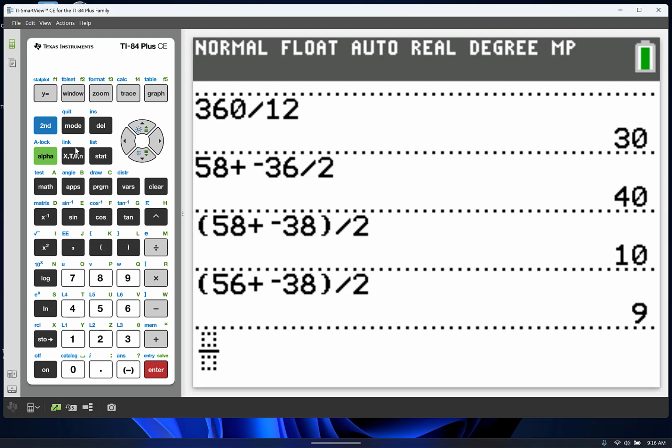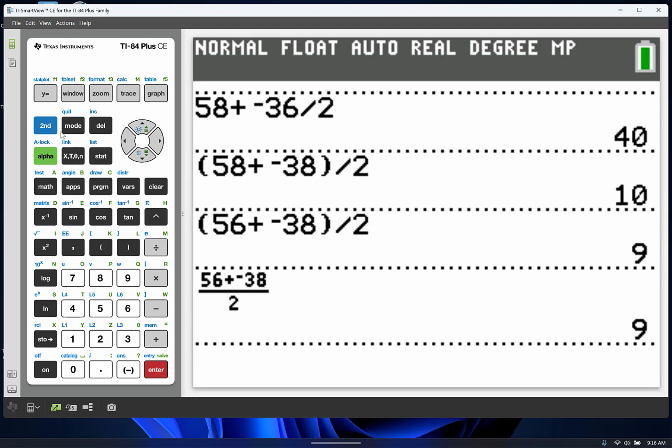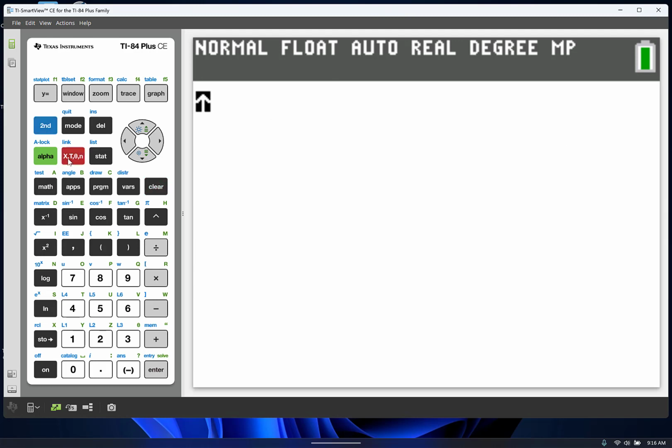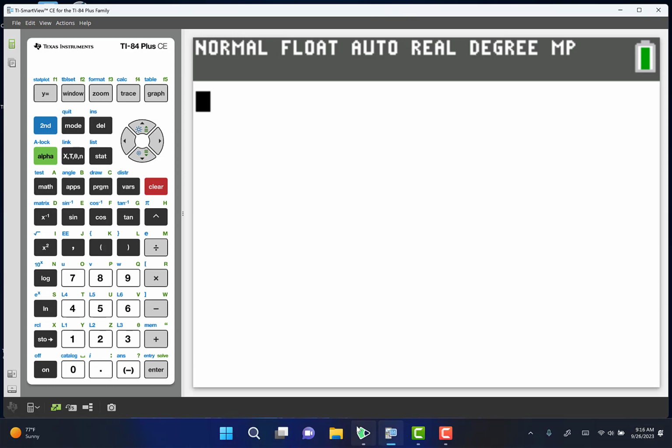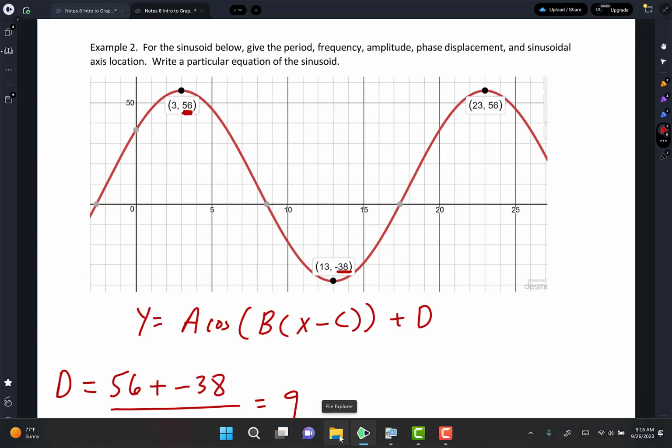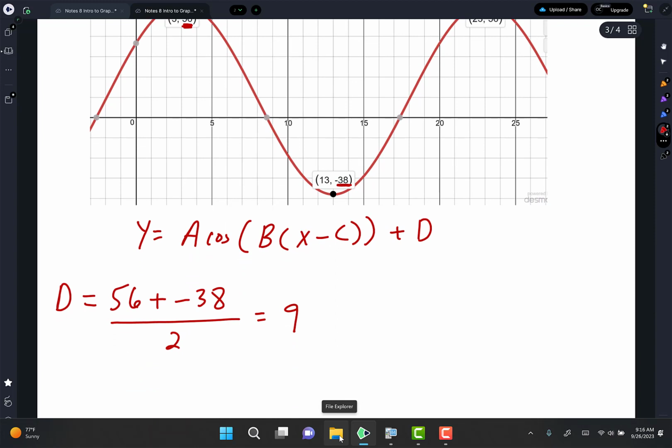If you have the new calculators, you can also put 56 plus -38, and then on the bottom put a 2, and then look, you'll get your 9. I've seen the little fraction feature on the new calculator, but I guess mine doesn't have the new operating system. All right, so there it is. Are we cool, guys? All right.